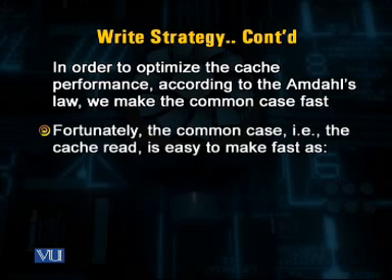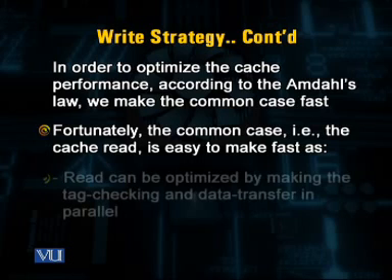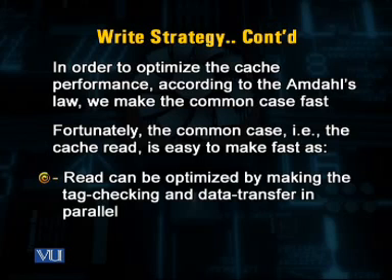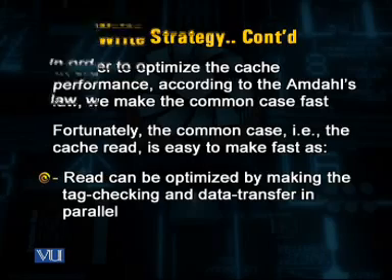Here, fortunately, in case of memory read or memory write, the common case is the cache read, and fortunately cache read is made fast very easily because we can check the tag as well as perform the data transfer operations in parallel.